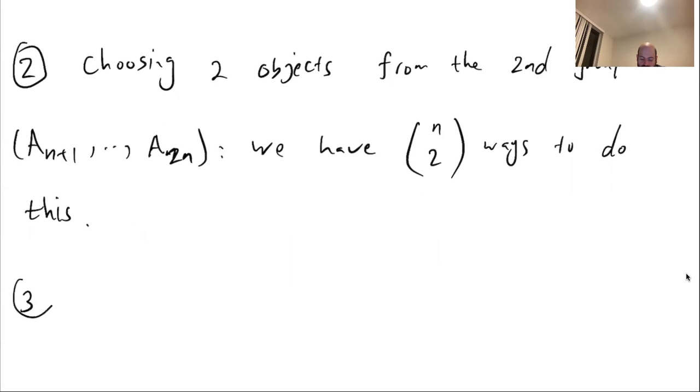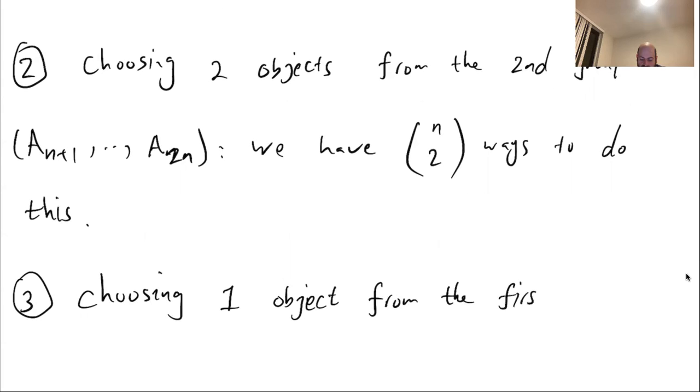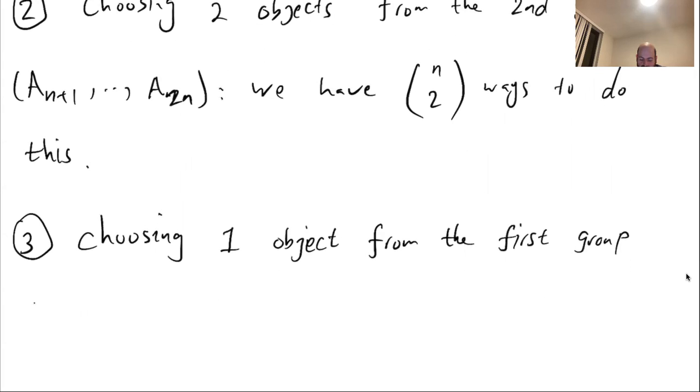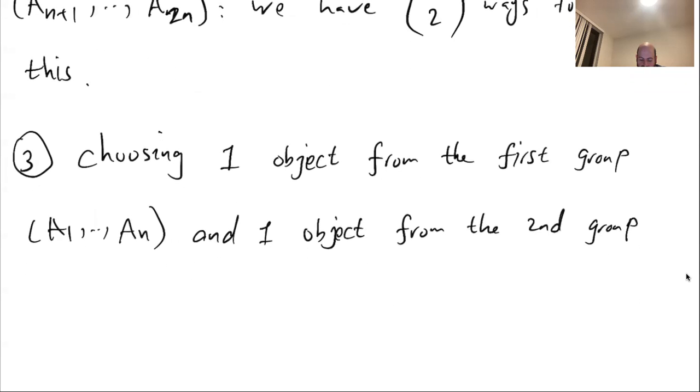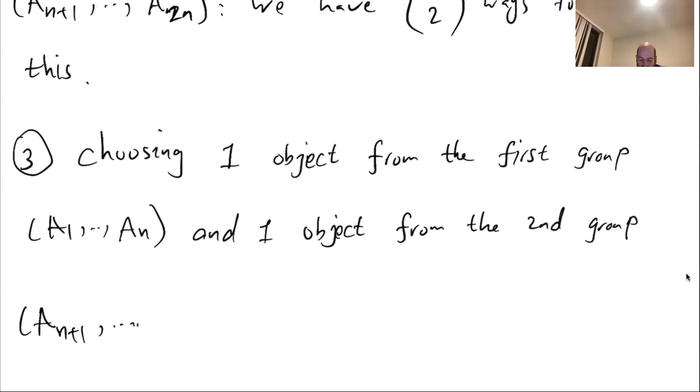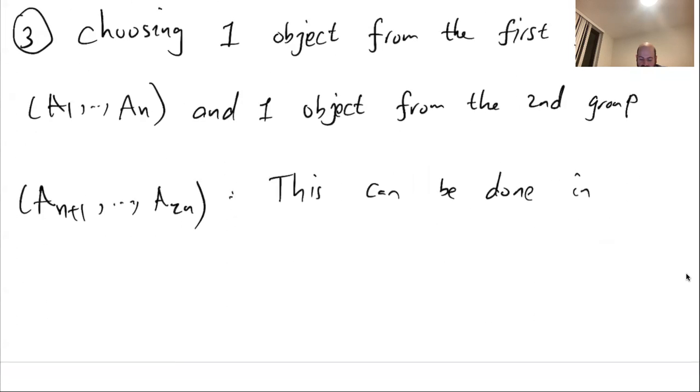And my third option is to choose 1 object from the first group, A1 to An, and 1 object from the second group, An plus 1 to A2n. This can be done in how many ways?